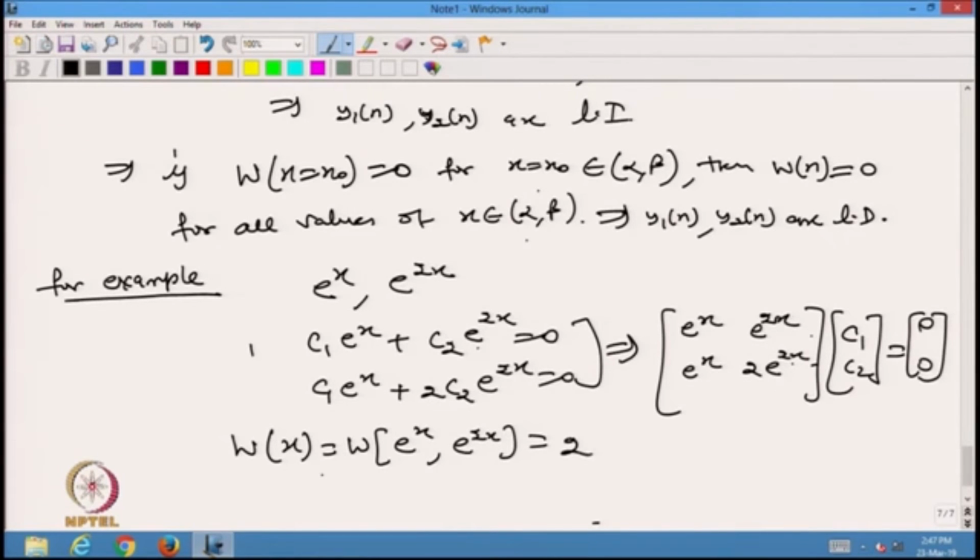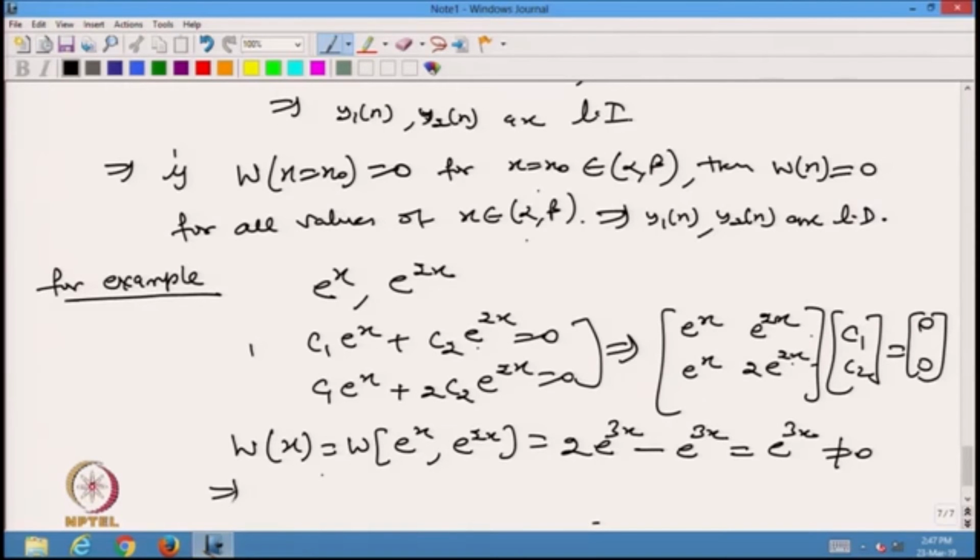So, it will be 2 times of this, so it will be e^3x minus this one, e^3x, because e^x multiplied by e^2x is e^3x. So, this will be e^3x, and I know that the exponential is never equal to 0.